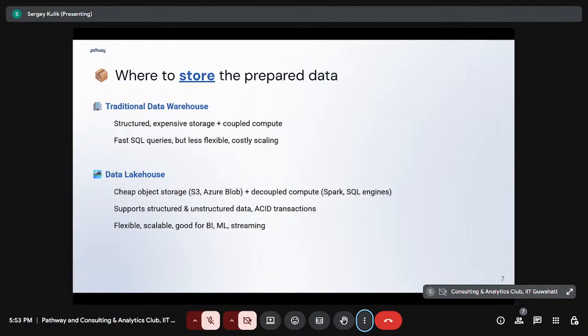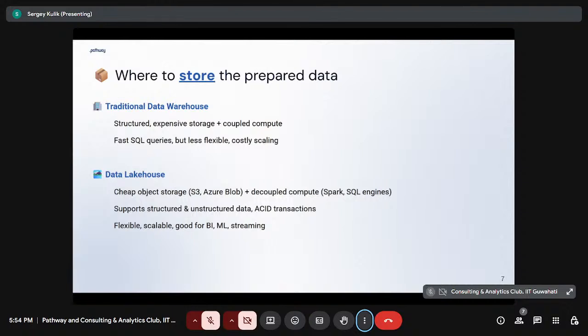For the traditional data warehouse, I can give you, for example, any modern or not so modern database that you take; it lies in this category. So if we take, for example, Cassandra or MongoDB or older iterations of Kafka, it's all a traditional data warehouse in the sense that it's very coupled with the storage and the compute.